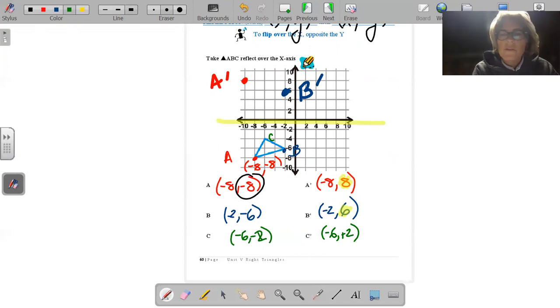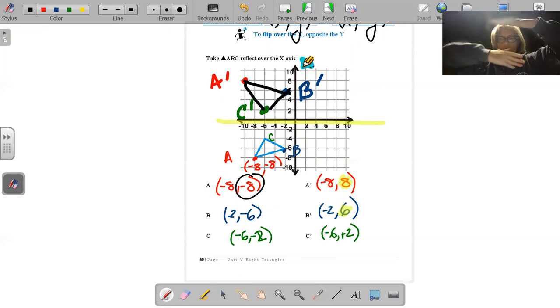C, -6, +2, there is your C prime. Done correctly, the image is folded horizontally. It matches horizontally if you flip over the x-axis.